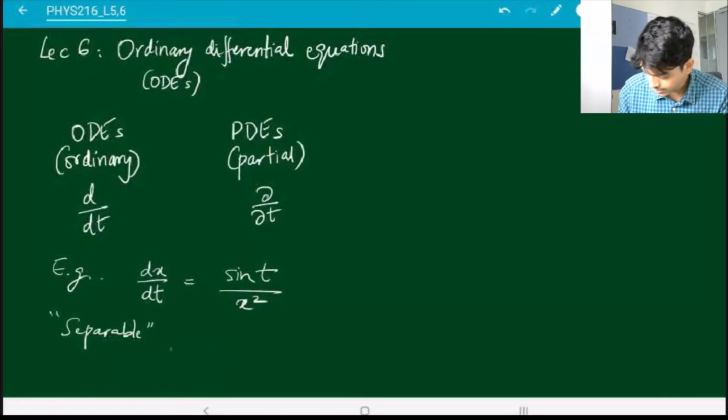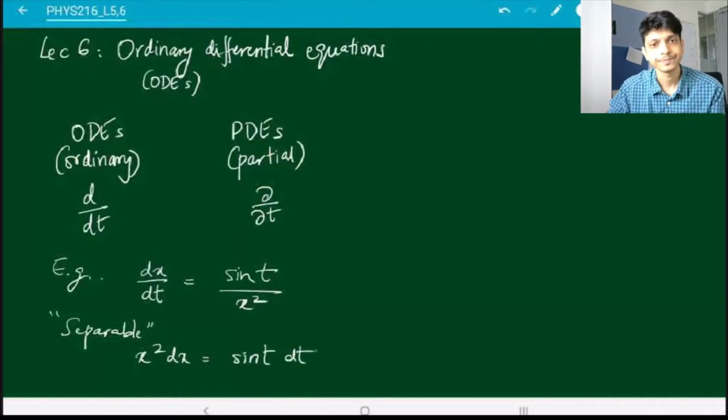So I can just write this as x squared dx equals sine t dt, and then I can integrate both sides, and both of these are very straightforward integrals. You can do it analytically by hand. You don't need to use a numerical method to do this.